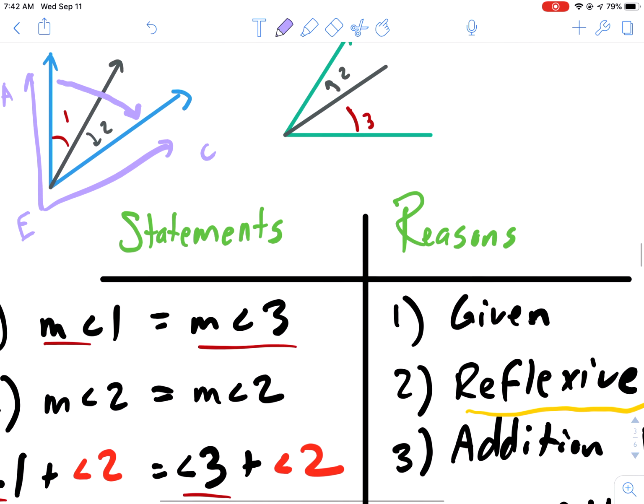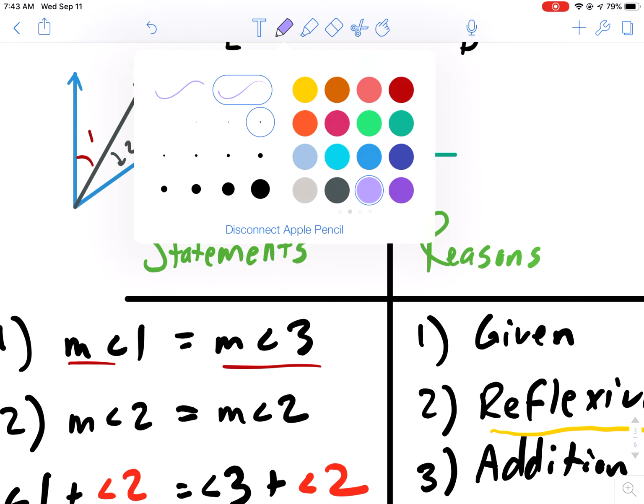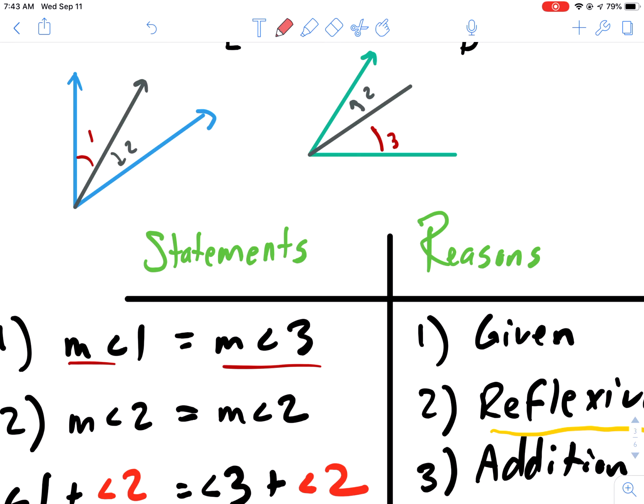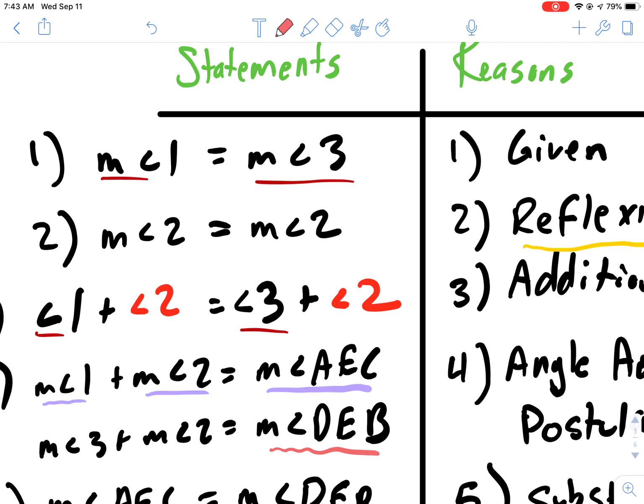All right. So now let's see what happens with angle 2 and 3. If we combine 2 and 3, let me use a different color. Let's use this kind of salmon color. 2 and 3 form the bigger angle, angle DEB. So then we have DEB is equal to the sum of these two smaller angles.